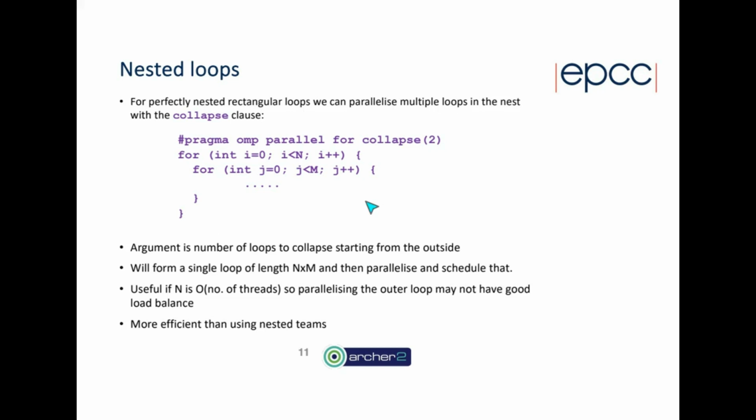That's effectively what you're allowing here, and it should produce better load balance. And for this particular pattern, using the collapse clause is likely to be much more efficient than using nested teams.